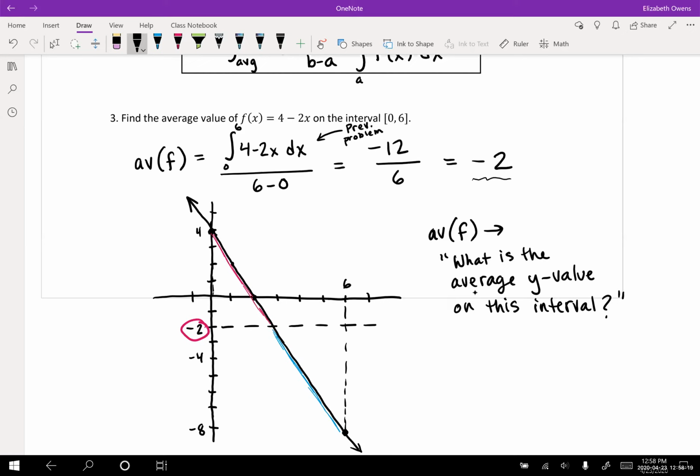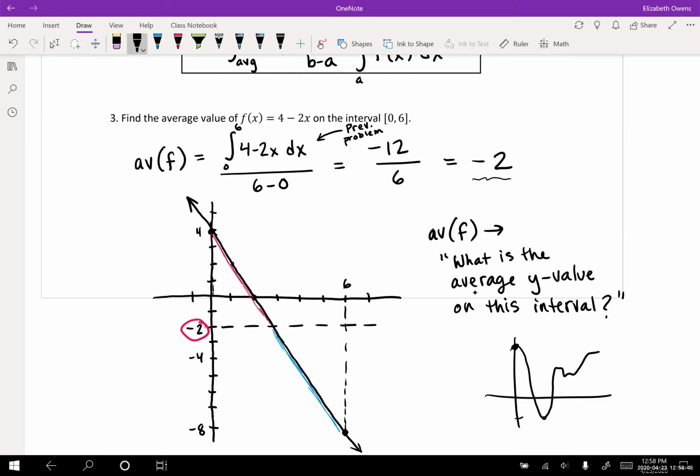One little note for us. The reason why this turned out so nice graphically, how negative 2 was exactly in the middle of 4 and negative 8, was because it was a line. If your function is more complicated, like something like that, you can't just take halfway between the high point and low point. That doesn't usually work.